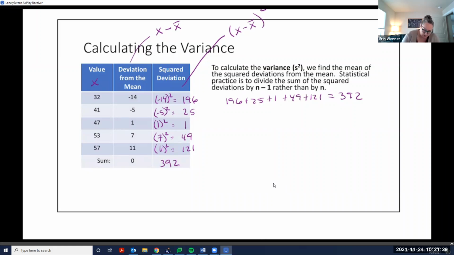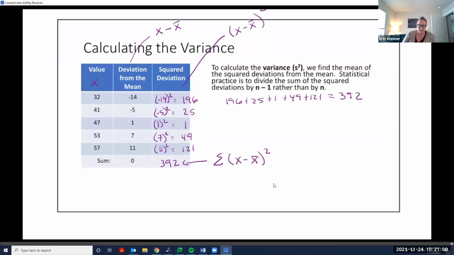The formula for finding the variance seems really intimidating, but these are the pieces to it. The 392 represents the sum, and that's what that weird symbol means, sum of x minus x bar squared.